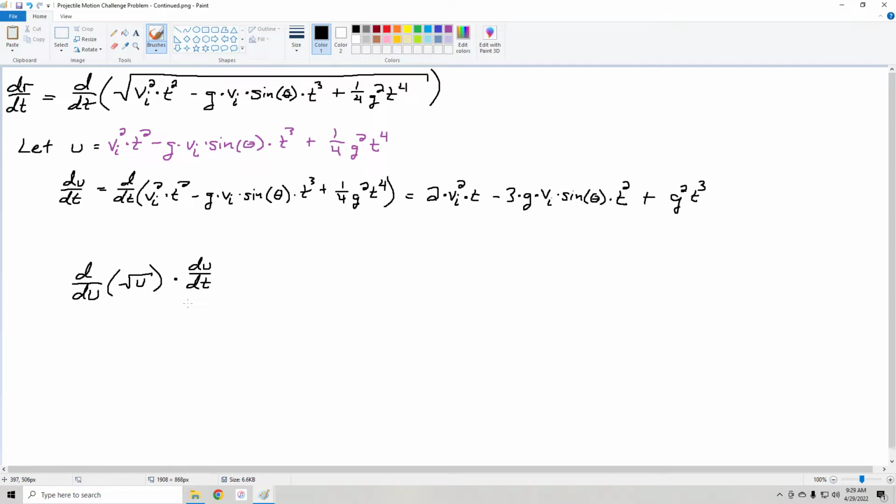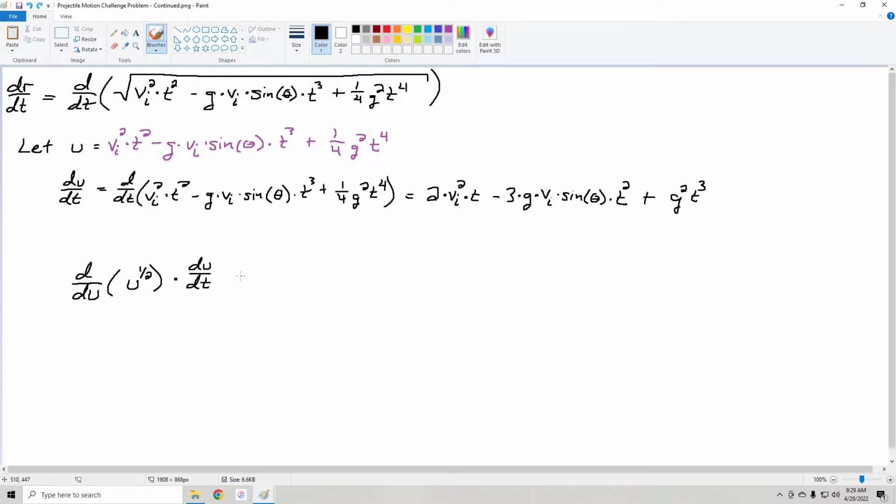And to make this a little easier, instead of writing the square root of u, let's rewrite this in exponential notation, because then it makes it abundantly clear what needs to happen. So we're taking the derivative of u to the 1/2 power and then multiplying it by all this stuff that we just took a derivative of with respect to time. And what does that turn out to be?